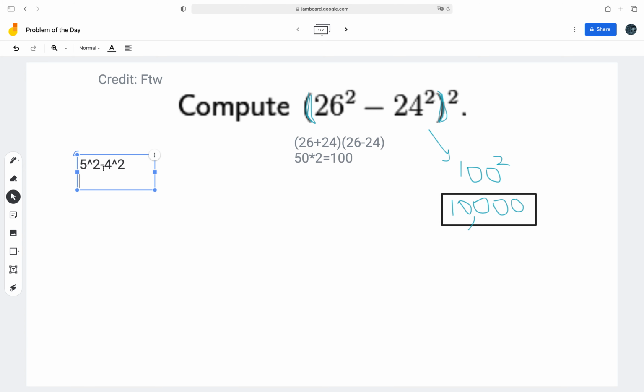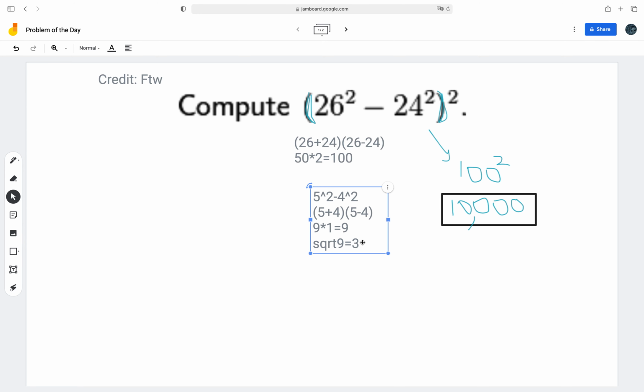So let's try our trick: 5 plus 4 times 5 minus 4. So 9 times 1 equals 9. And if you did it with the Pythagorean theorem in the right triangle, you would find the square root of 9, which is 3.